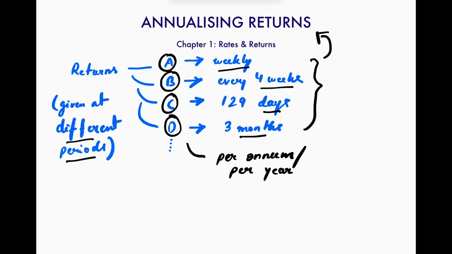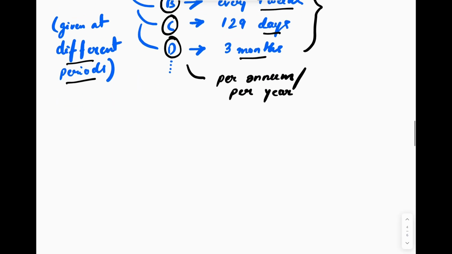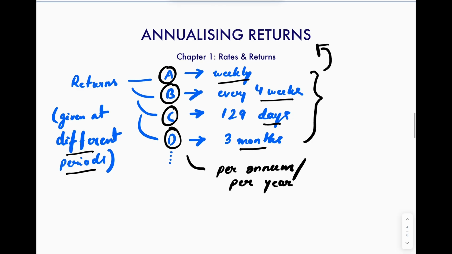So what is the formula for annualizing returns for a different period?